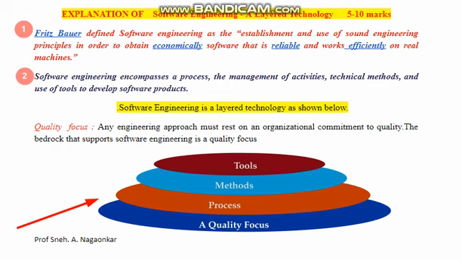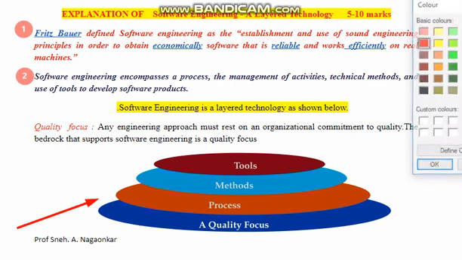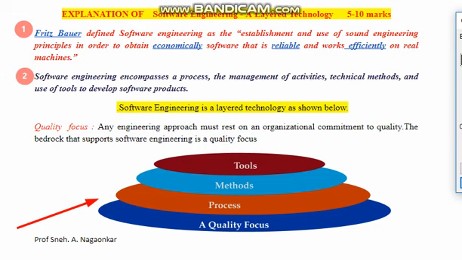What are the four layers? The first layer is the quality focus. Next we have the process layer. Next we have the methods layer, and then we have tools. We are going to see all these layers one by one.